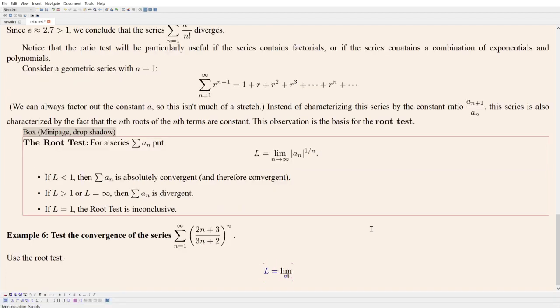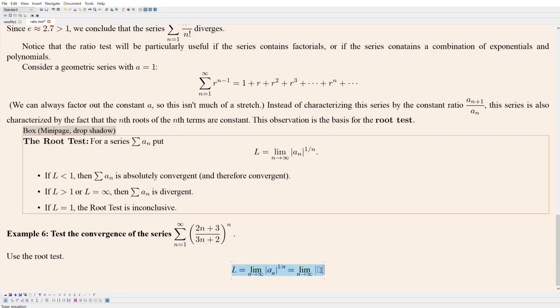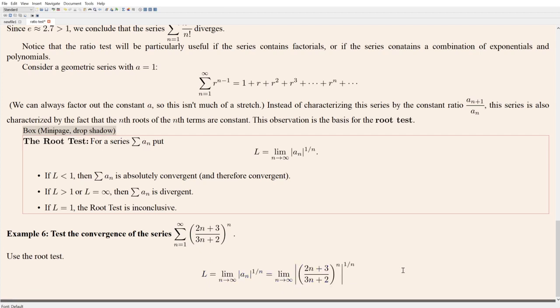So we compute this limit. So take the nth root of the general term. Like so.